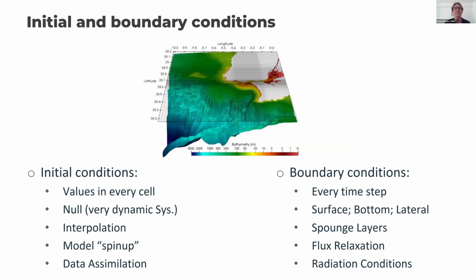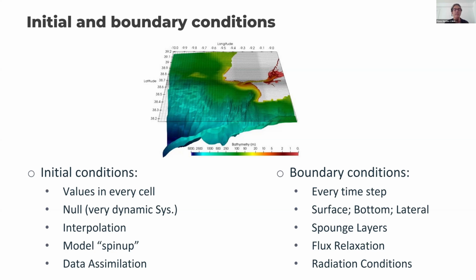Returning to the question Fernando asked about the initial conditions, yes, the equations I showed you, the Navier-Stokes equations, are initial and boundary condition equations. So it means that at the beginning, we need to give values in every cell. It's the initial condition. The value can be zero.